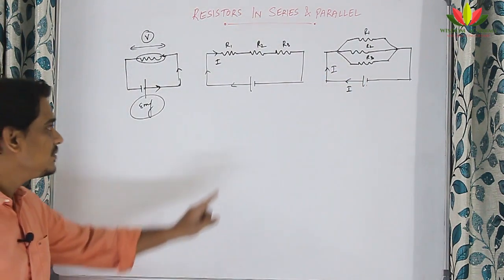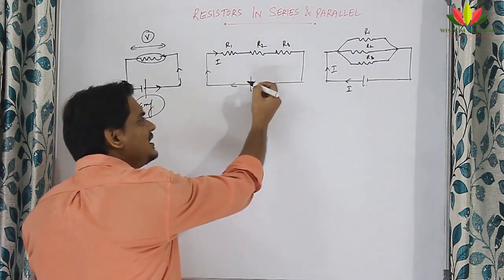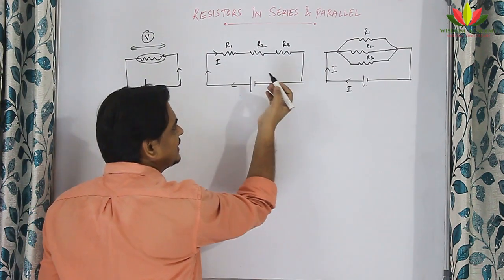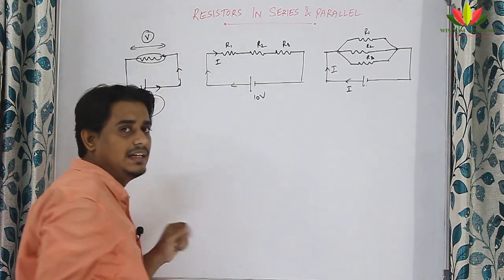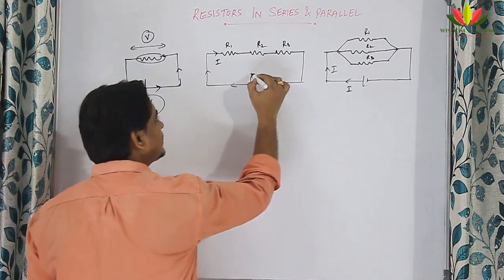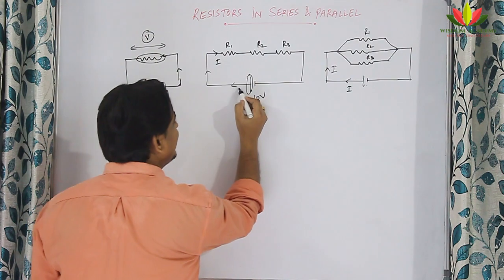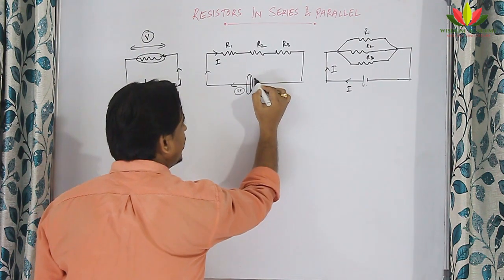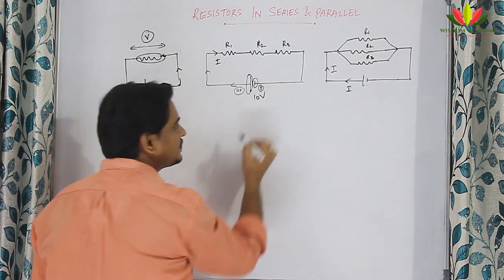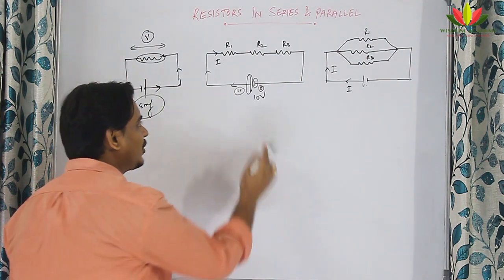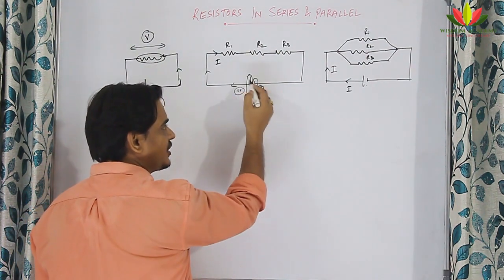Now, whenever you see a cell, suppose I say it is a 10 volt cell, remember that if this end of the cell is 10 volt, then the other end of the cell will be 0 volt, because 10 minus 0, 10 volt, is the potential difference.